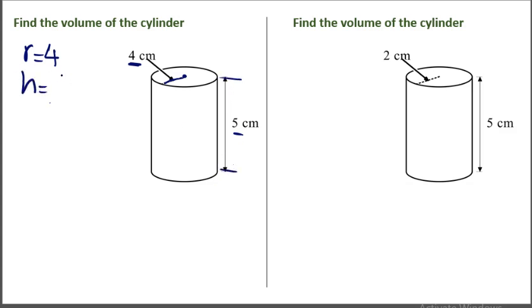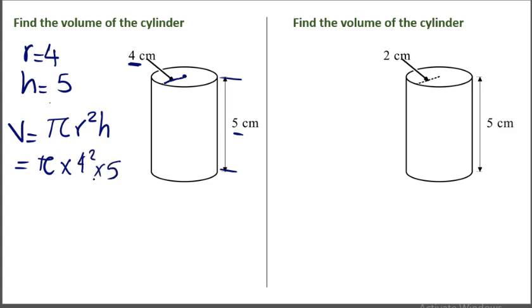It will be the height. The volume will be pi r square h. It will be pi times 4 square times 5. 4 square is 16. 16 times 5, let's check: 5 times 6 is 30, carry 3. 5 times 1 is 5 and 3 is 8. It's 80 pi centimeter cubed.